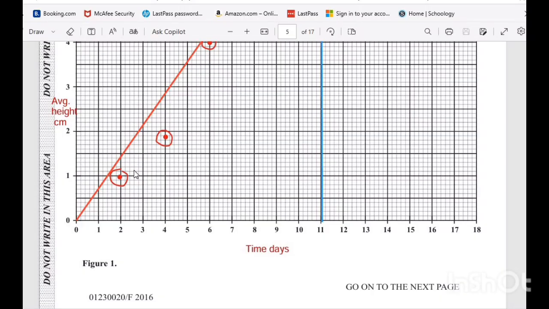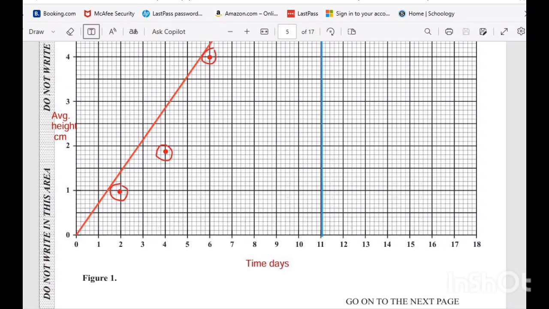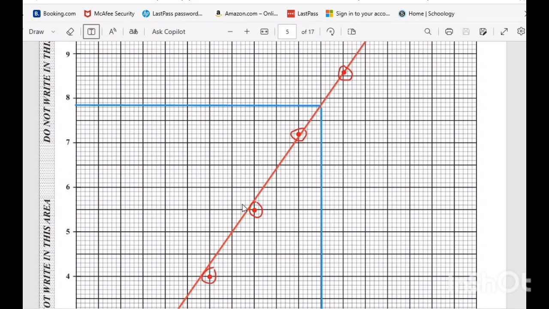which are in between. On day 6, it said that the plant measured a height of 4.0, and that's what we have on the graph right here, right? 4.0 for day 6. On day 8, there was a measure of 7.2. On day 10, it measured a height of 8.6.